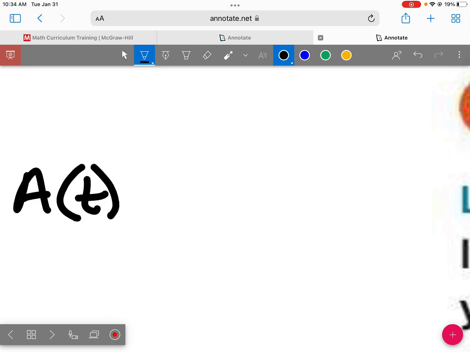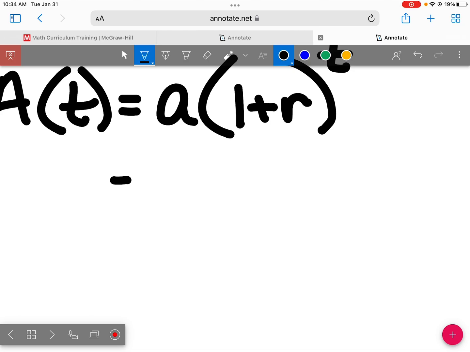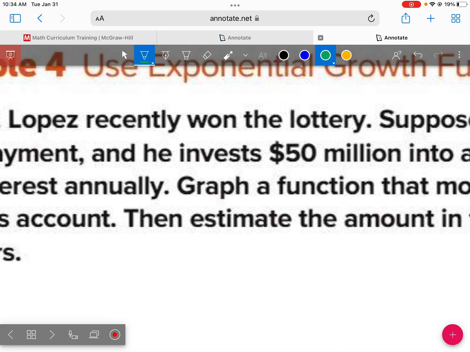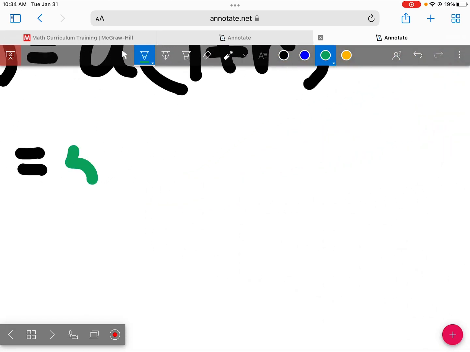So I have A of t, you should be writing this off on the left-hand side, equals A times 1 plus R to the power of t. What was the initial amount, the starting amount? 50 million. We're going to go ahead and just write this as 50, and we'll say it's in millions, rather than write out all 6 zeros afterwards.